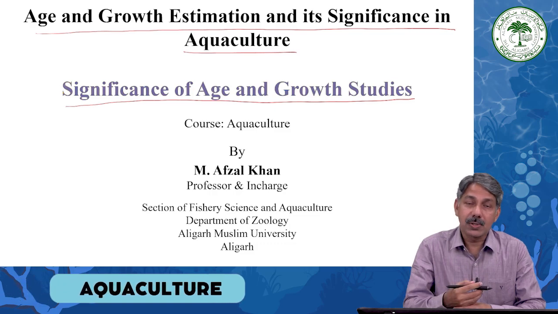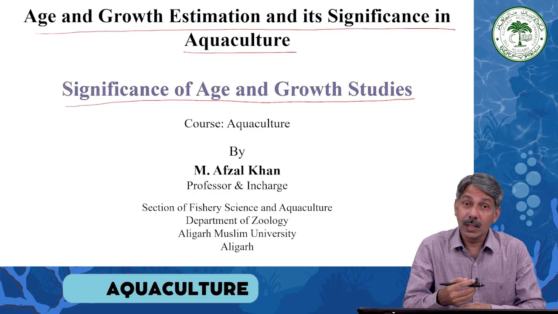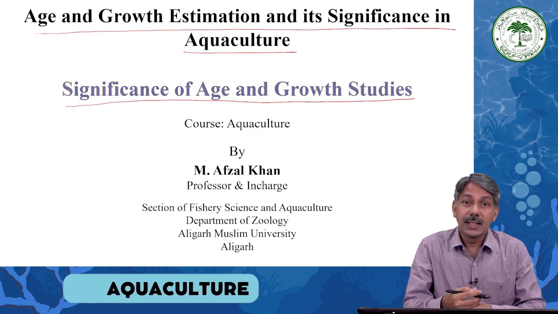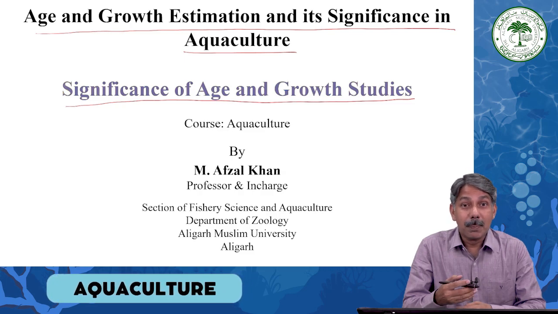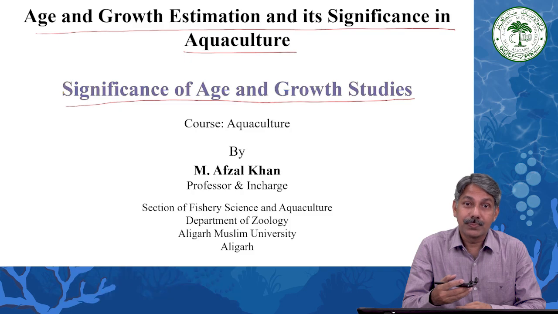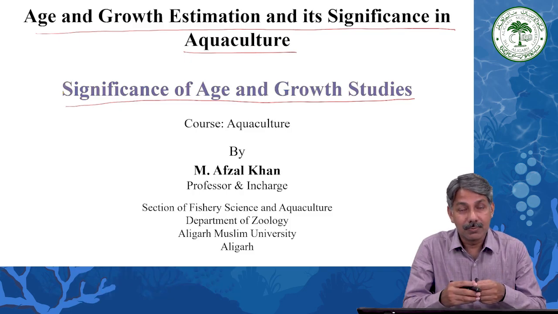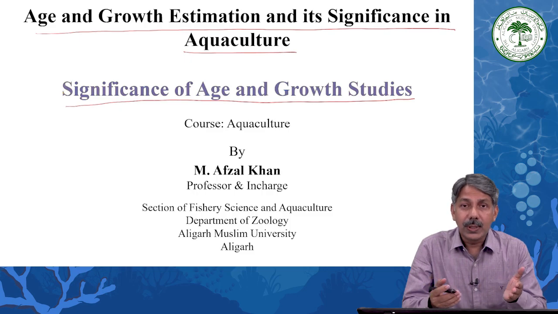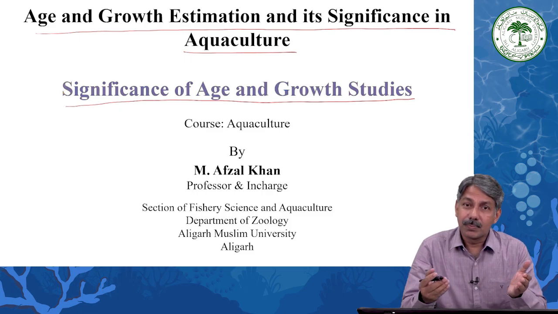In case of humans also, if we do not have age related, age specific information, then it becomes very difficult to manage that population in terms of many welfare schemes that you have heard of. For example, we know the age structure of our population.